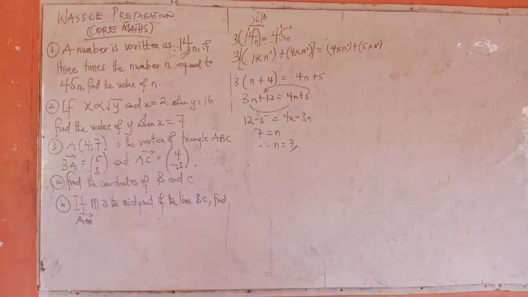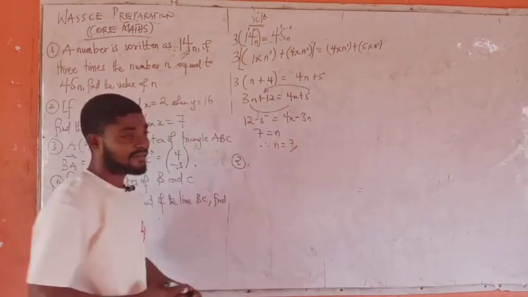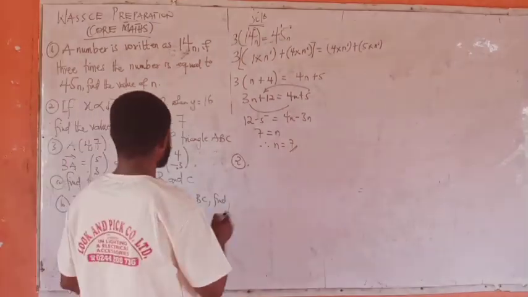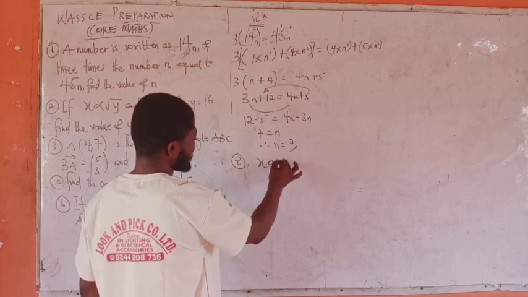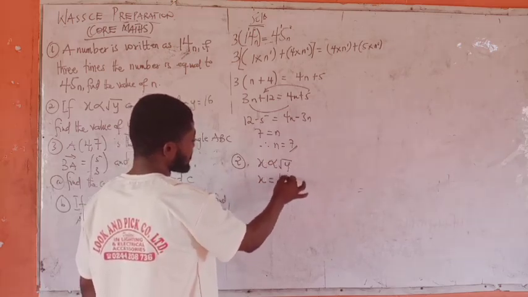Alright. If x varies directly as the root of y, and x is equal to 2 when y is equal to 16, find the value of y when x is equal to 7. Yesterday we did a question on variation, and there's another one today. x varies directly as the root of y, which is the same as x equals k root y.